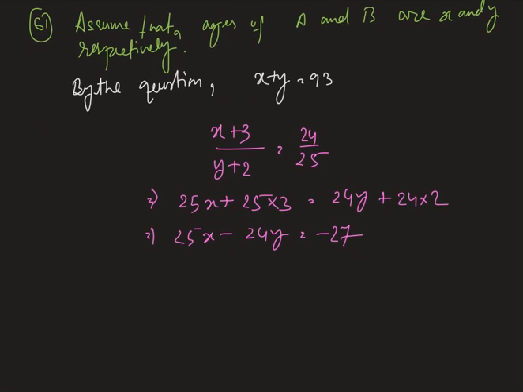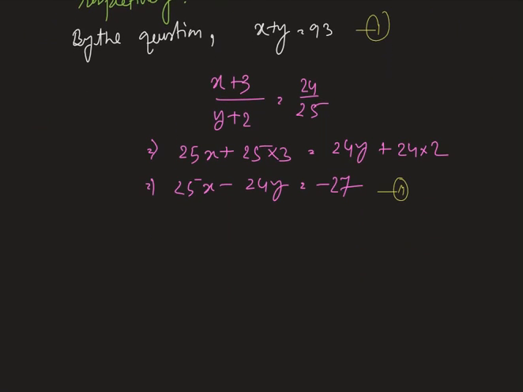Therefore we have two equations, equation number 1 and equation number 2. Now from these two equations we can solve the values of x and y. x plus y is equal to 93, and 25x minus 24y is equal to minus 27.